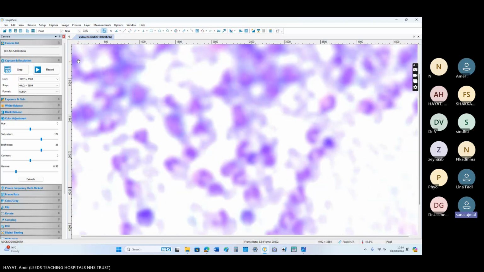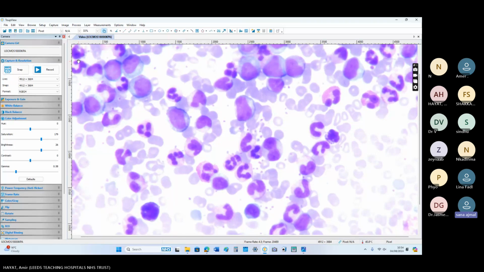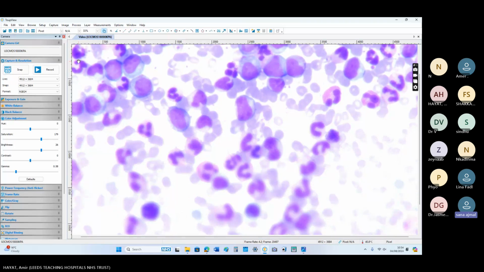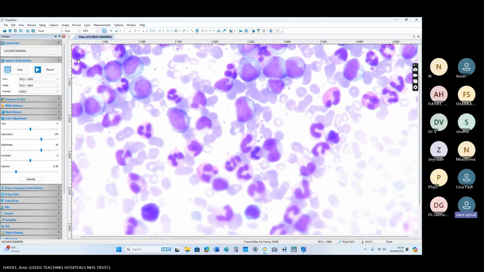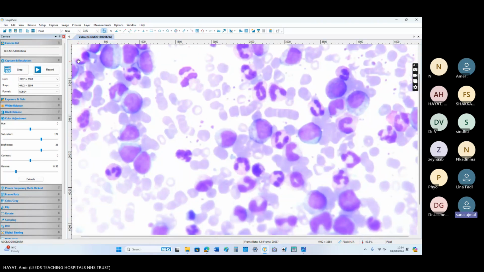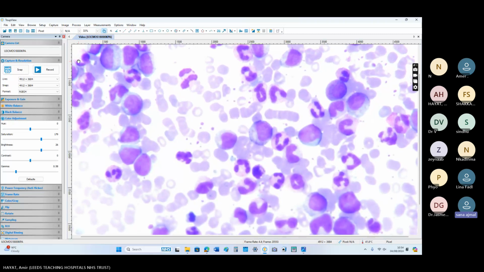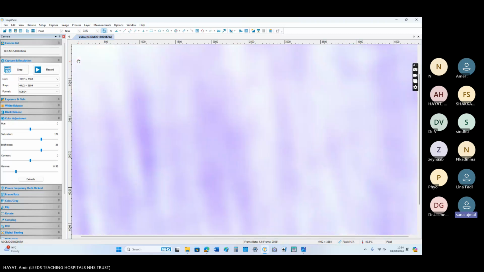Because in Pakistan, when we used to do the morphology, we normally went for the peripheral film for the CML patient, and yes, there's the myeloid hyperplasia and the age favors that, and there's the basophilia as well. So not very advanced techniques, but our provisional diagnosis would be CML.